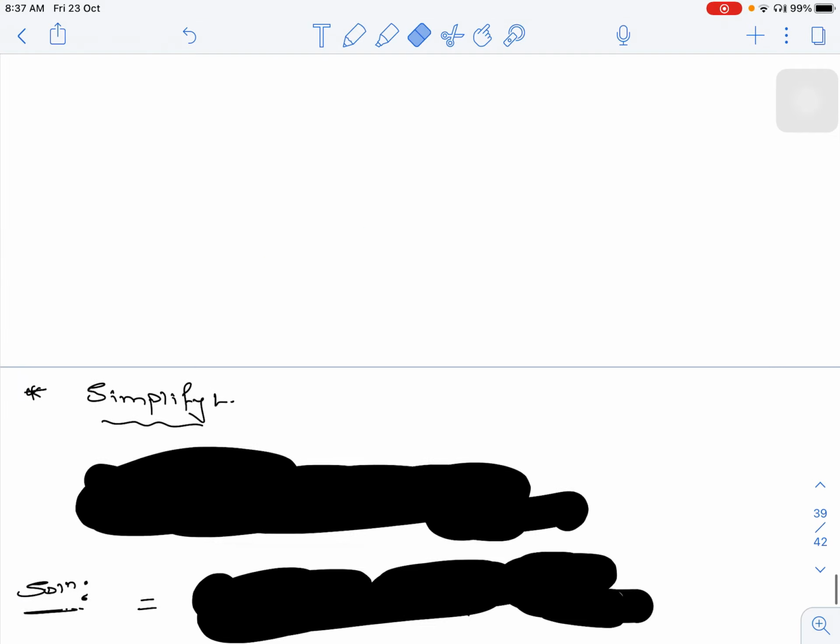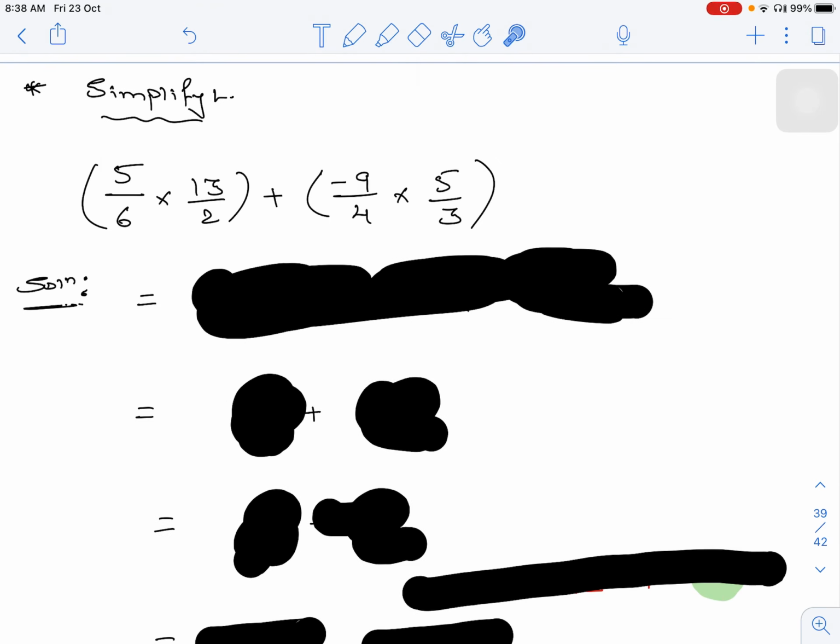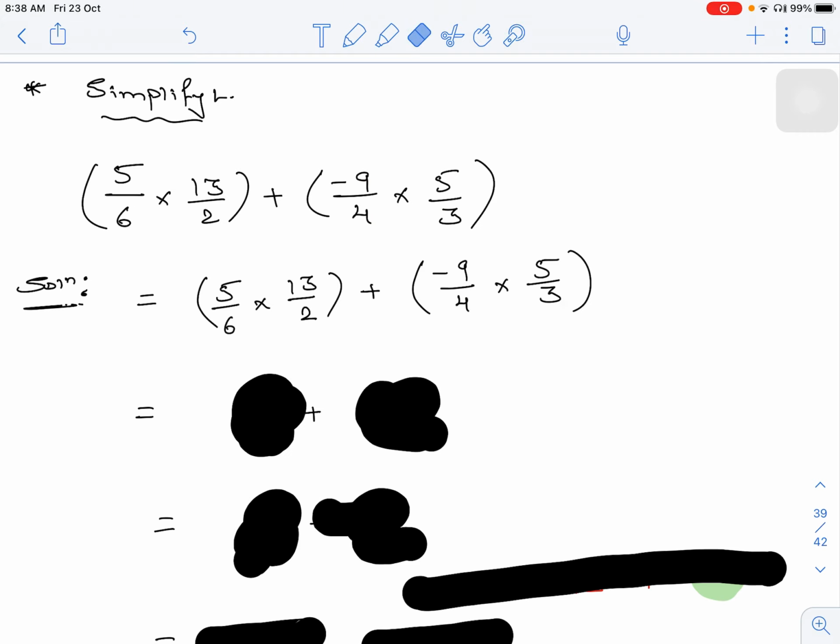Now let us see the next example. Here it is given: simplify 5 upon 6 into 13 upon 2 plus minus 9 upon 4 into 5 upon 3. Remember that these numbers are present in brackets, so first we will try to solve within the brackets. In the first step we write it as it is: 5 upon 6 into 13 upon 2 plus minus 9 upon 4 into 5 upon 3.